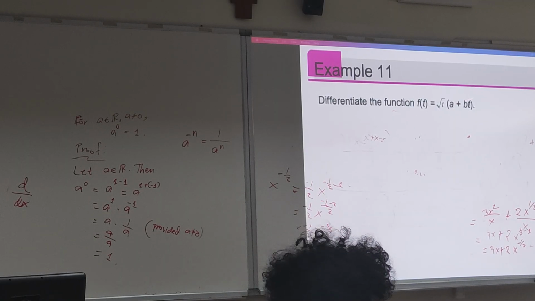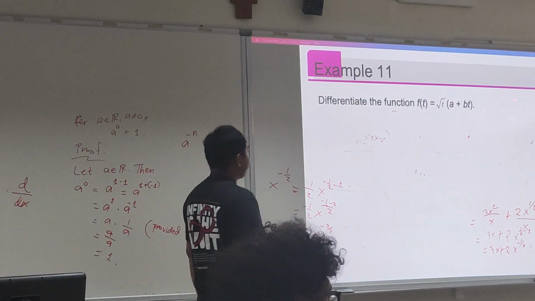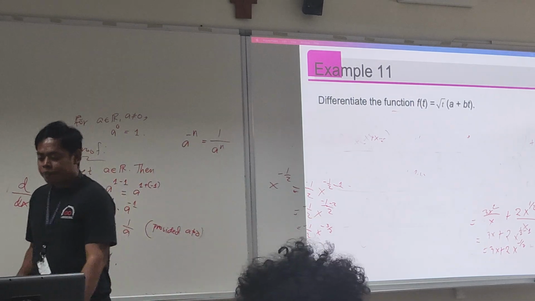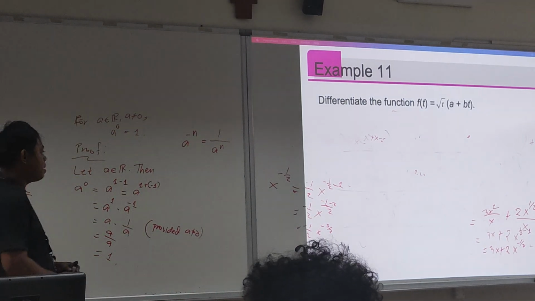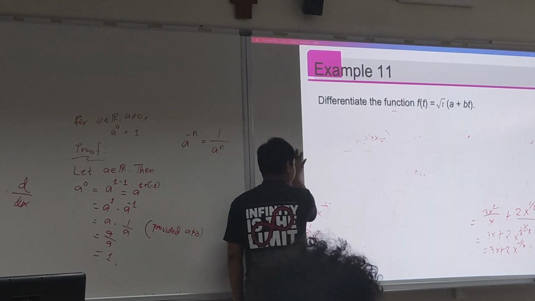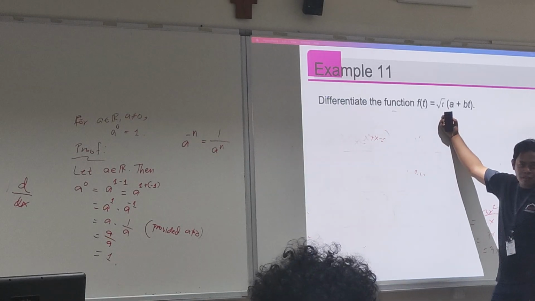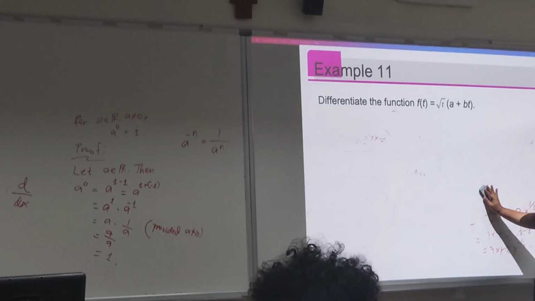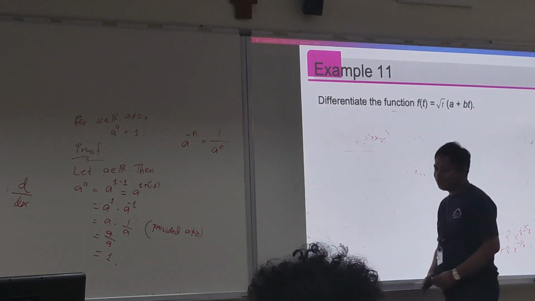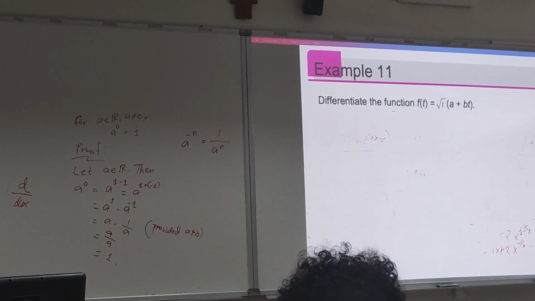Okay, let's say you have this given function: the square root of b times a plus b times e. Given that function, what do you use first? Take note, product rule.